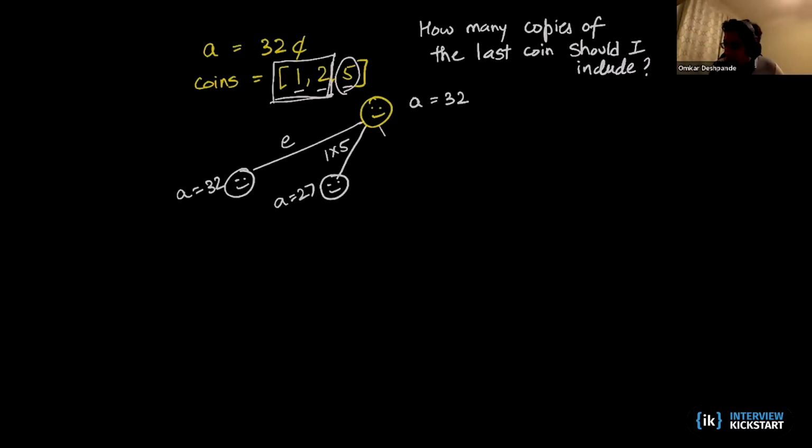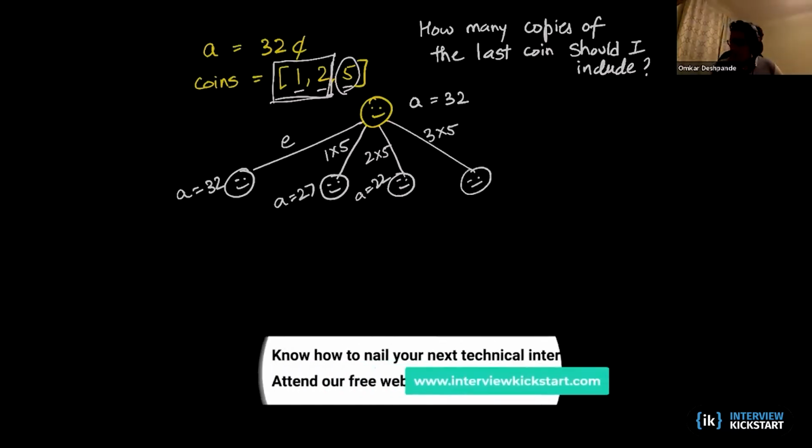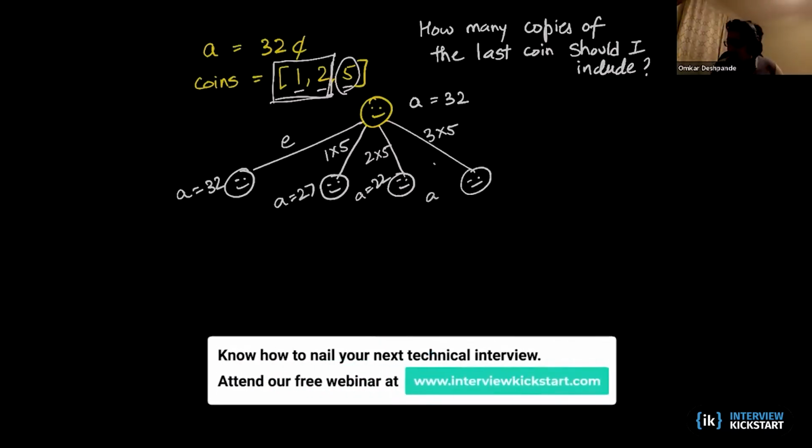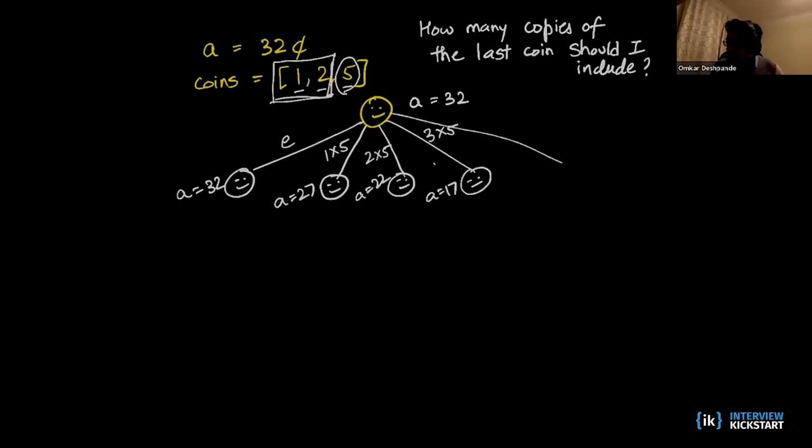Or maybe I could pick 2 coins, 2 5-cent coins, in which case my remaining amount would be 32 minus 10, which is 22. Or maybe I could pick 3 copies, in which case this would be 17. Or maybe I could pick 4 copies, in which case this would be 12.